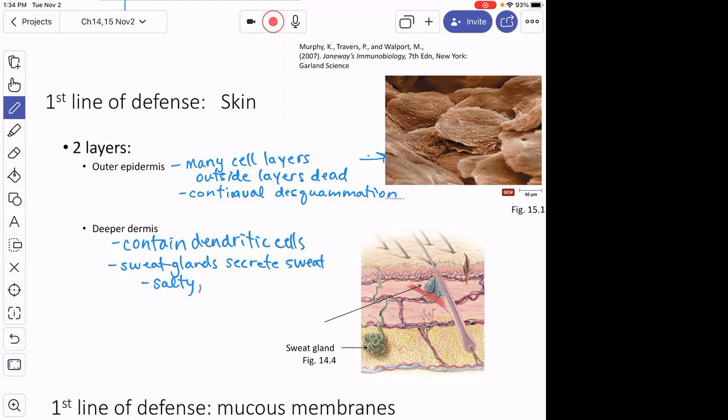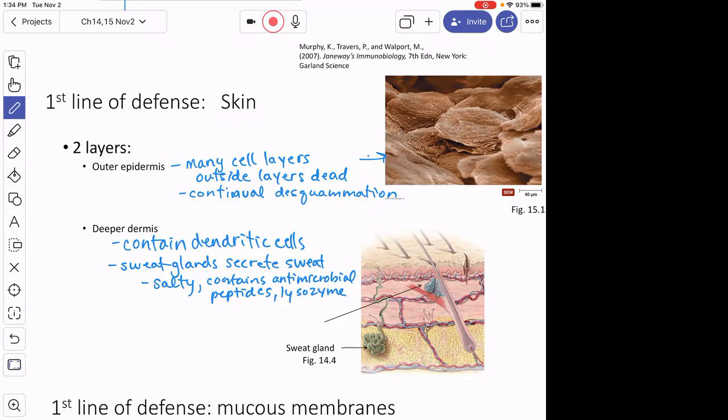Sweat also contains antimicrobial peptides. And I'm not going to get too specific about what those are. We're just going to kind of gloss over that. But there are certain things in sweat that are going to reduce the chances that bacteria are going to grow, as well as lysozyme.